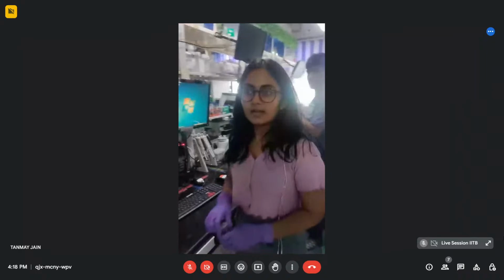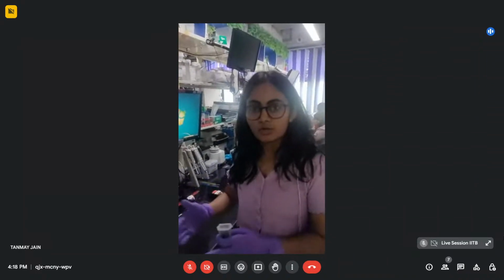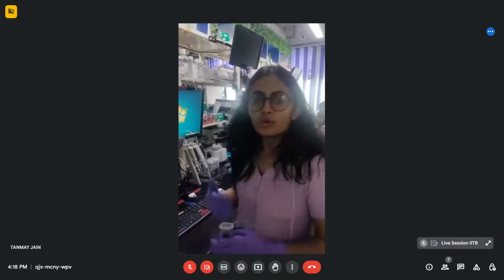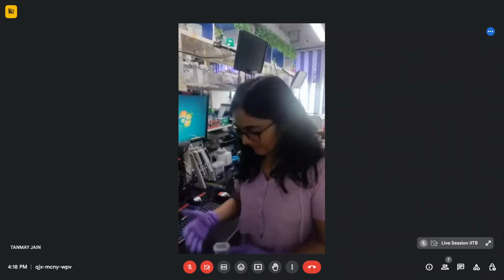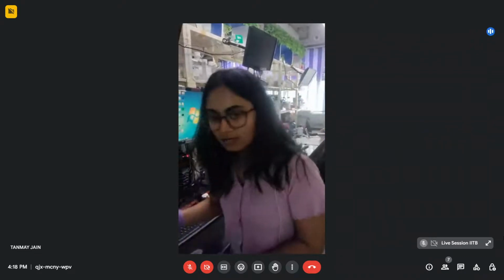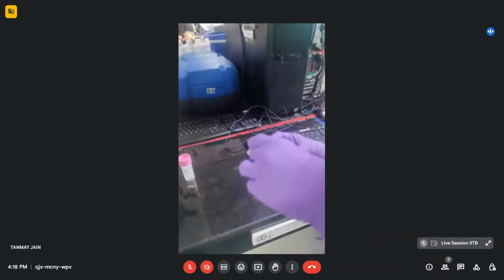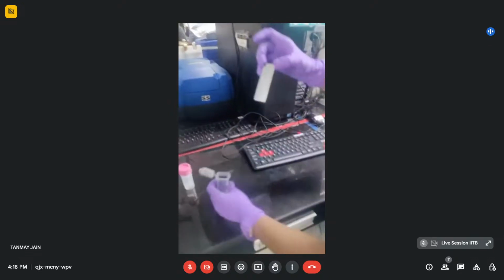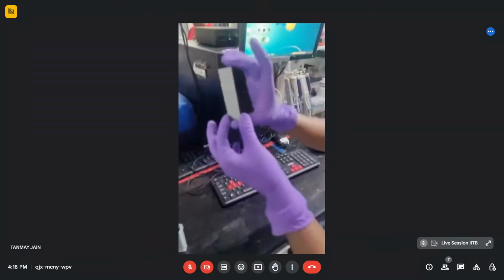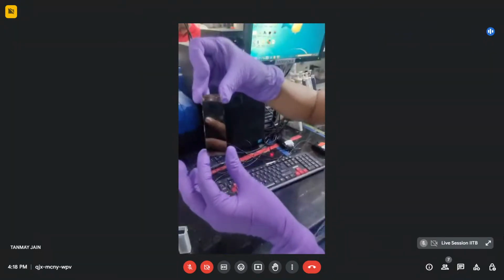Right. So as you saw the procedure of the microarray experiment, we are going to demonstrate the setup as well as the slides live. So these are the slides which I have. These are called the microarray slides. This one is a protein microarray slide. It has all the human proteins printed on it.